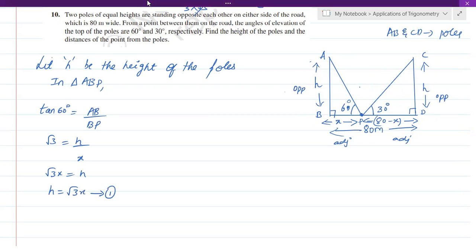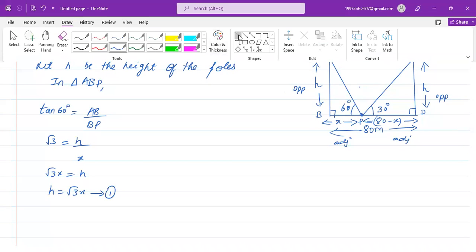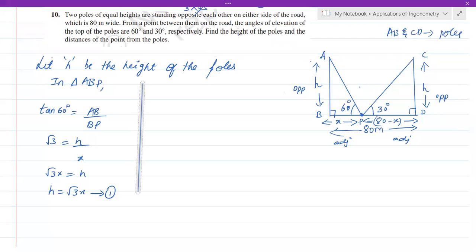Now let's take the other triangle and find the value of CD, that is H. In triangle CDP, angle D is 90 degrees. Again, we are going to make use of tan, but the angle is 30 degrees. Tan is opposite by adjacent.